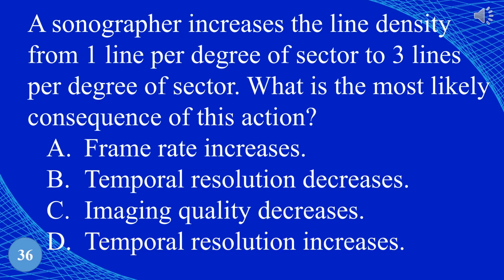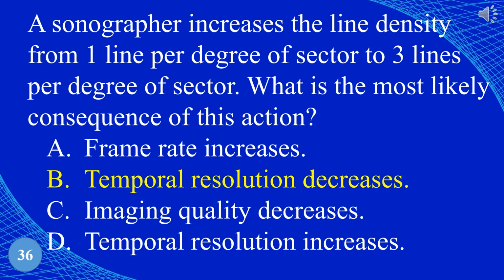A sonographer increases the line density from 1 line per degree of the sector to 3 lines per degree of the sector. What is the most likely consequence of this action? A. Frame rate increases. B. Temporal resolution decreases. C. Imaging quality decreases. D. Temporal resolution increases.